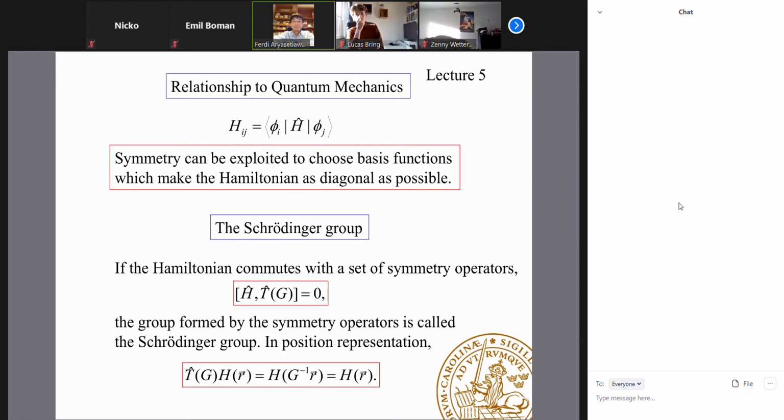And these irreducible components then transform according to the irreducible representations of the group. So this is an extremely useful tool.